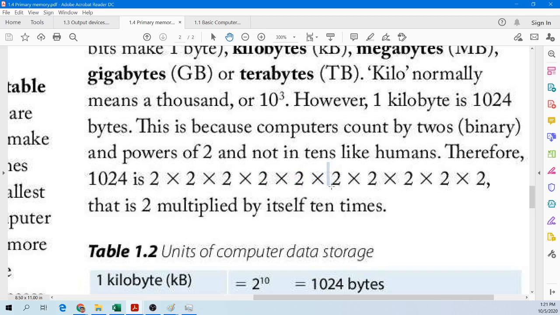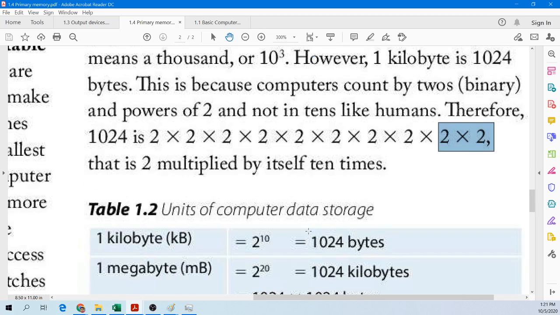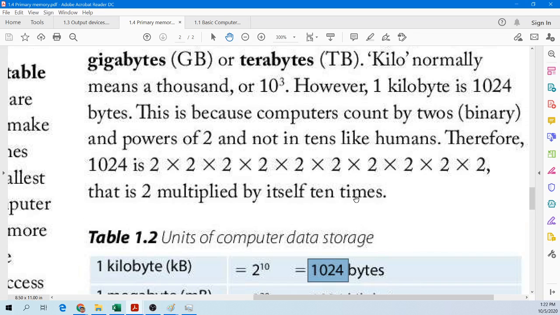Good. 2 times 64, 128. 128 times 2, 256. Good. 256 times 2, 512. And 512 times 2, 1,024. Good. So you see how we arrived at the 1024.